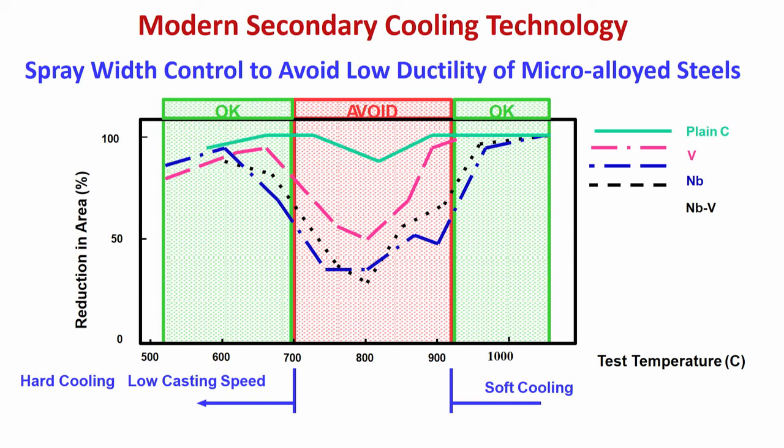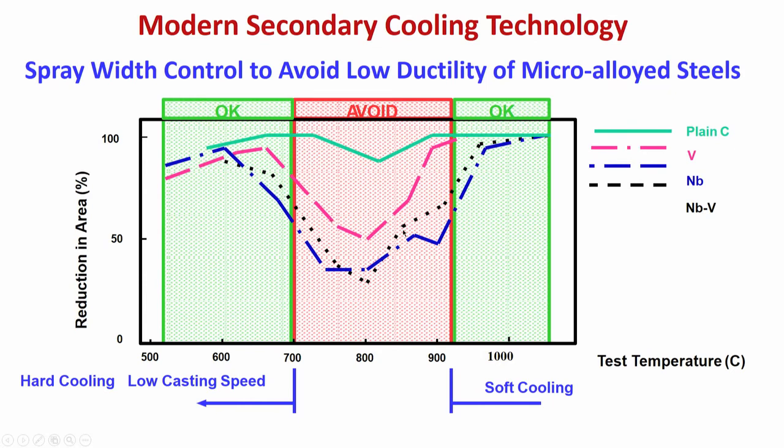because some strain is always getting generated and there is some associated strain rate also. These together create a problem for the steel, but if the reduction in area for a particular steel is more than 50%, then those strain and strain rates can be withstood and tolerated.